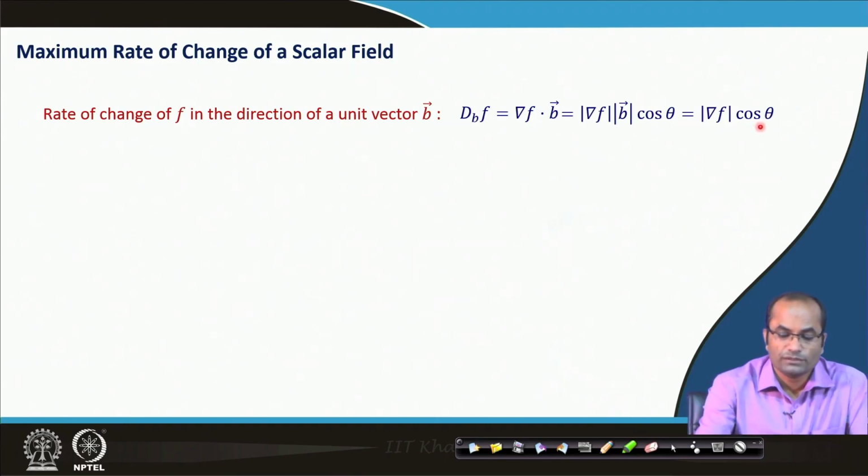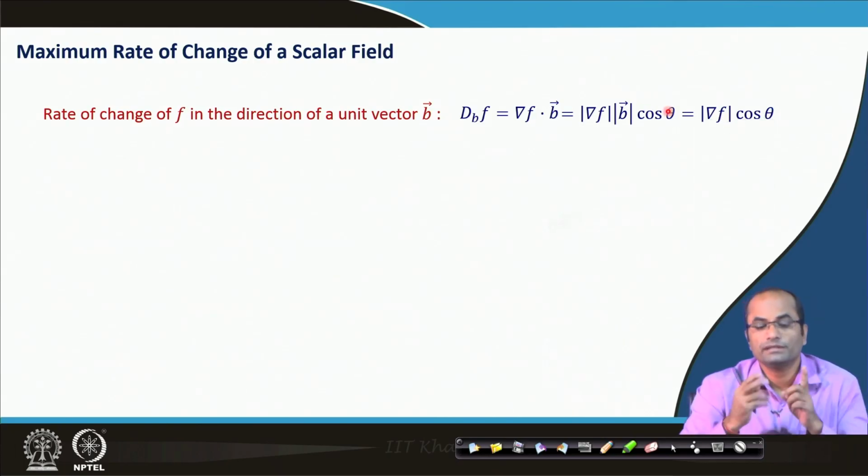Now, it is important to note here that the rate of change in the direction of vector b will be maximum when cos theta is 1, that means theta is 0. The theta is the angle between del f and the unit vector b.